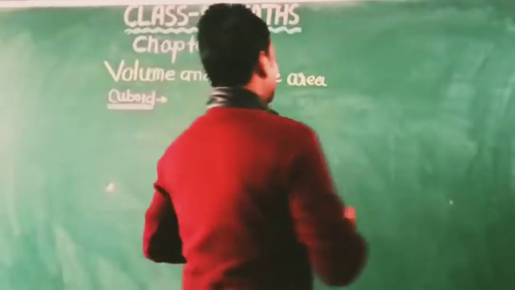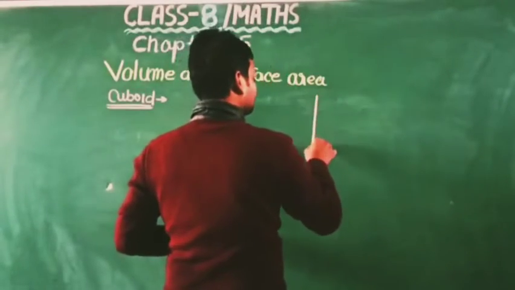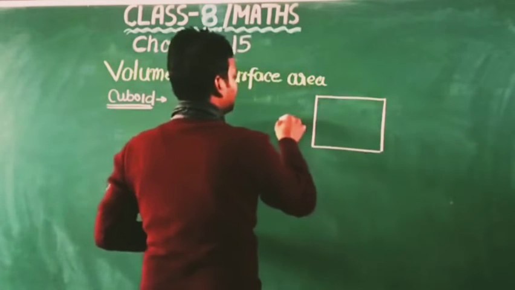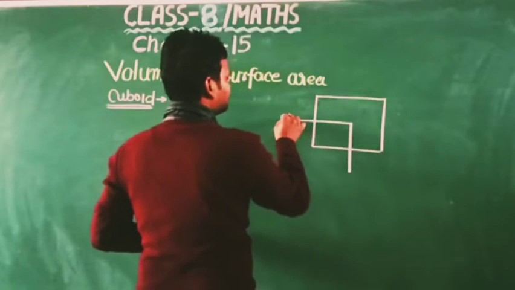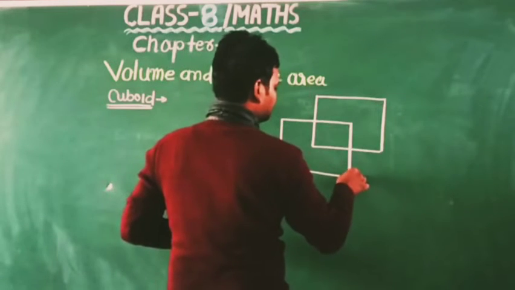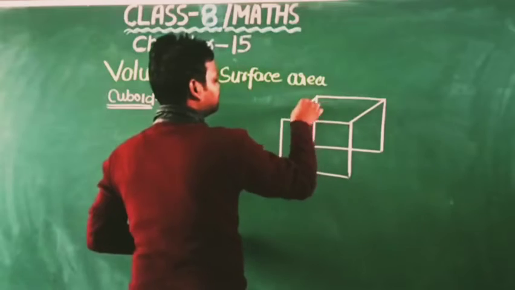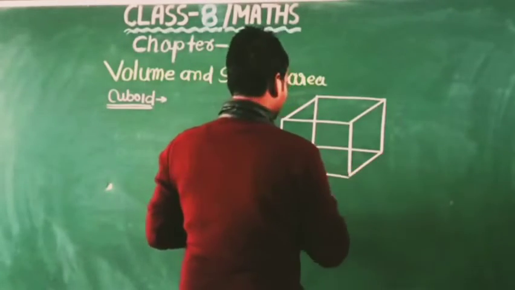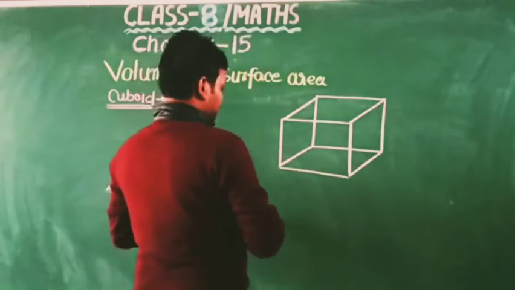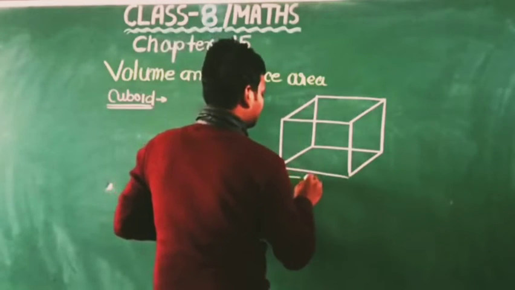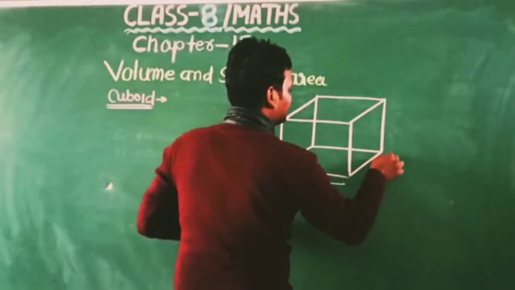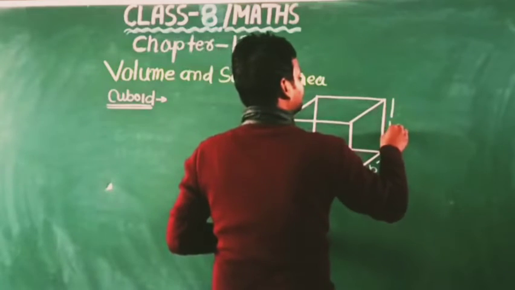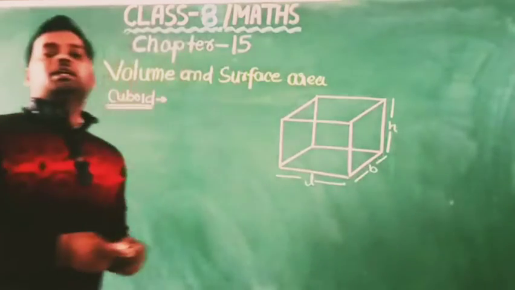Let a cuboid whose length is L and breadth is B. Okay, this is a cuboid having length L, breadth B and height H meter.